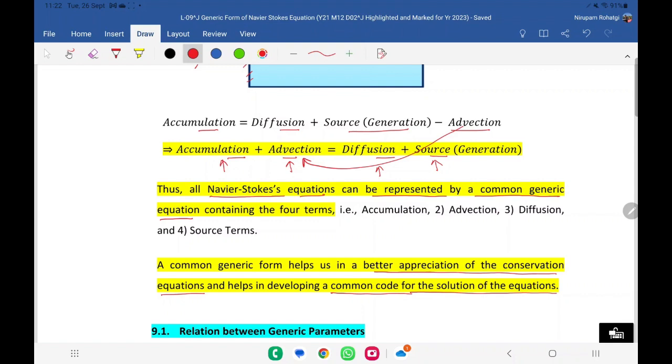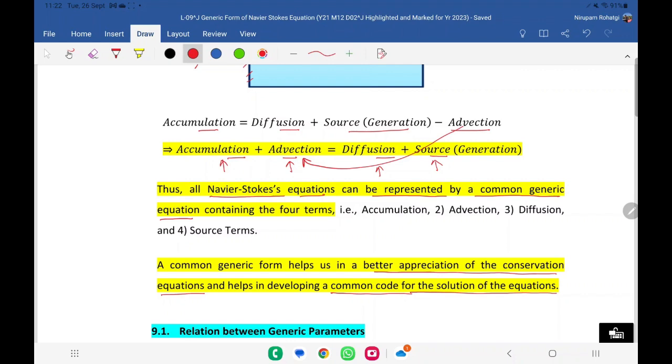Then we can clearly know which is absent, whether the accumulation, the source, the advection or the diffusion is absent. So we will know physically what is happening there, and it will help us correlate with it.